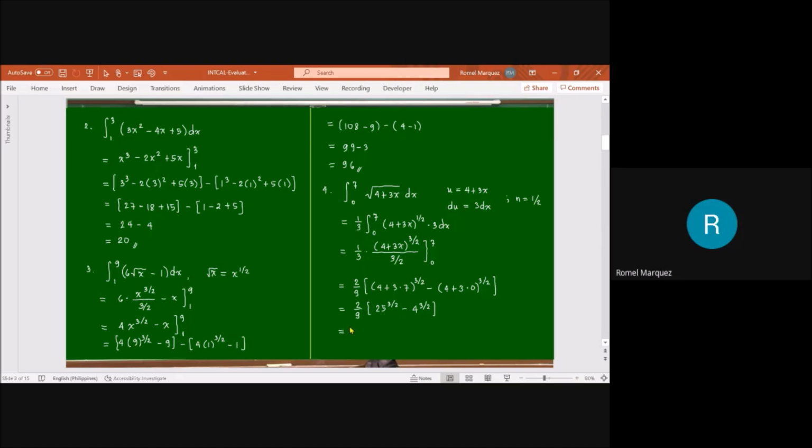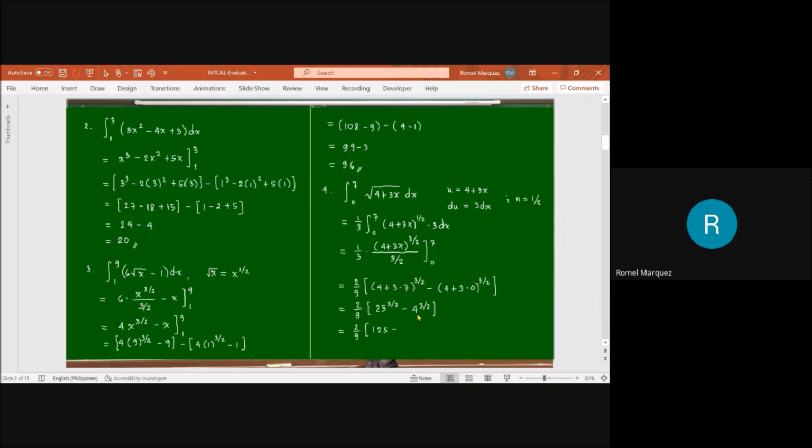What is that equal to, guys? So 2 over 9. What is 25 raised to 3/2? The square root is 5, 5 raised to 3, 125, minus 4 raised to 3/2.